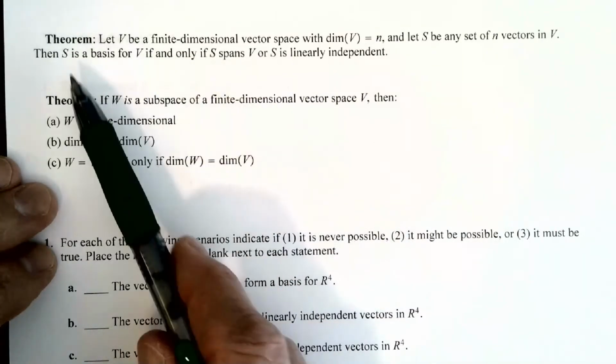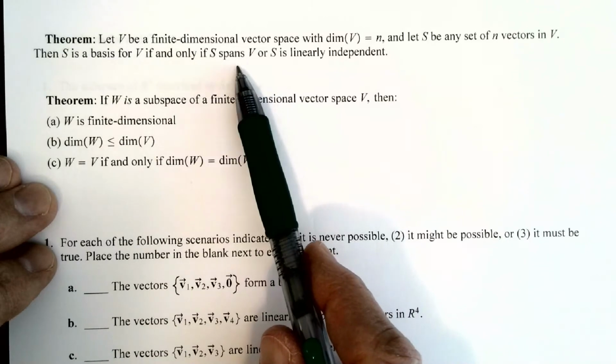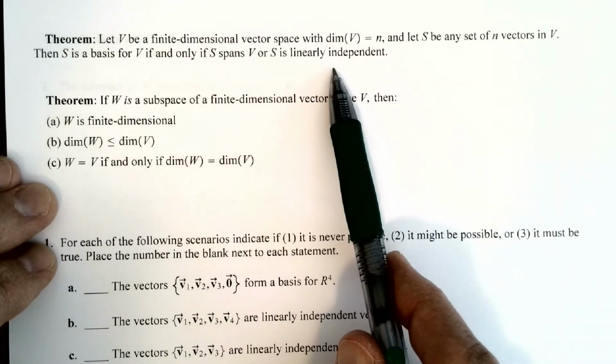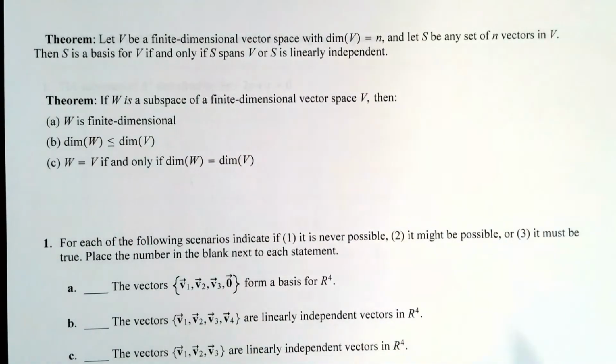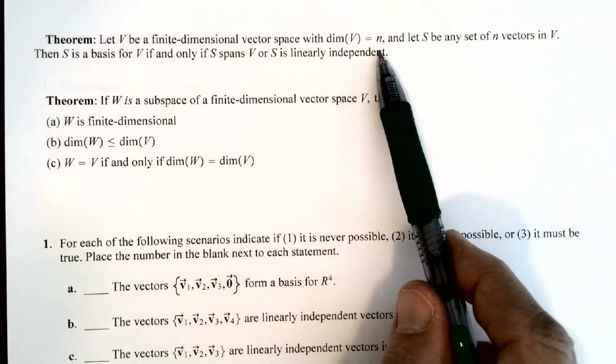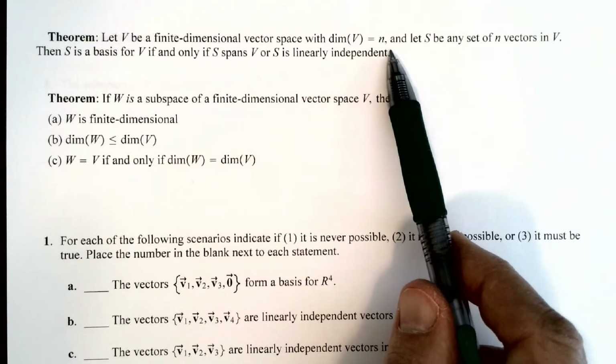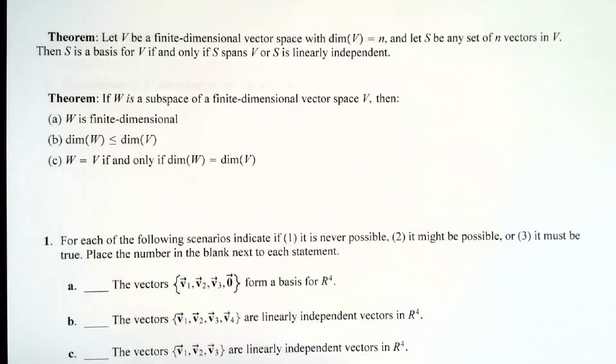Or? I thought we were a basis if it was both spanning and linearly independent. Well, here's the thing. If you know the dimension, and if you go back and look, we did an example proving three vectors formed a basis for three space. Go back and look at that example in the previous video on basis.